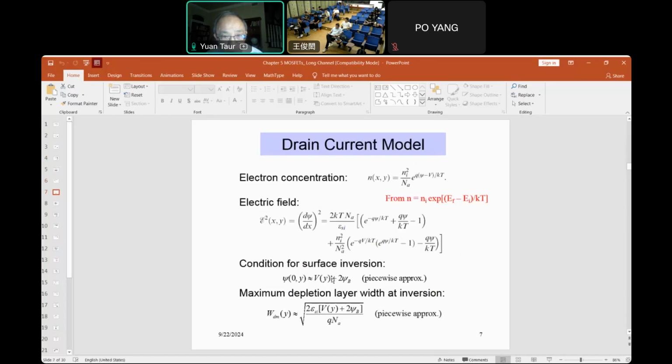So the condition for surface inversion is 2 psi B plus Vy. And the maximum depletion layer width at inversion, we put this in as the psi s. This is psi s, at x equals 0 at the surface, as a function of y. And so it goes up from source to drain because Vy goes from 0 to VDS.